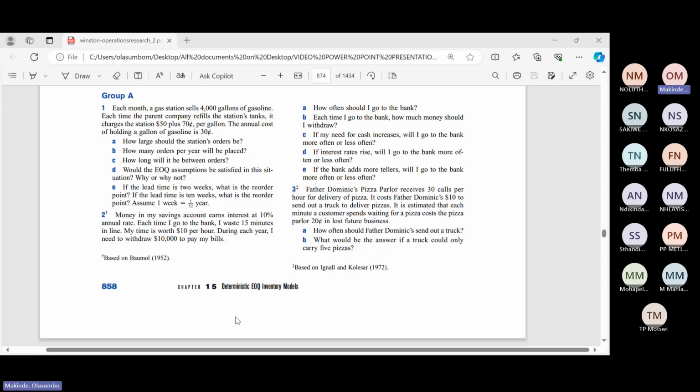Is that K or H? That's K, sir, the ordering cost. Perfect, good. So that is your K, which is 50. Some students will write 50.7, but it's 50 only.